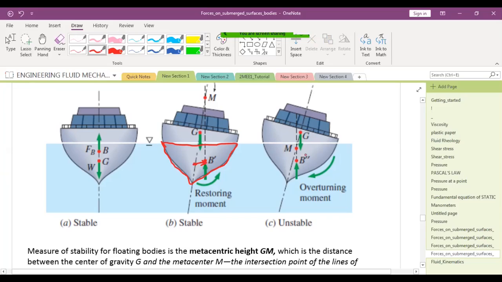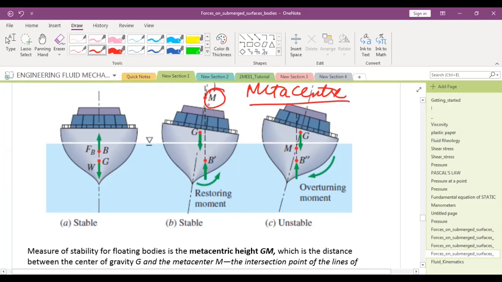Likewise, this is also the same case, but to find out whether the ship will topple or there will be some restoring torque, as we saw in the experiment, that will depend on this point M, which is called the metacenter.